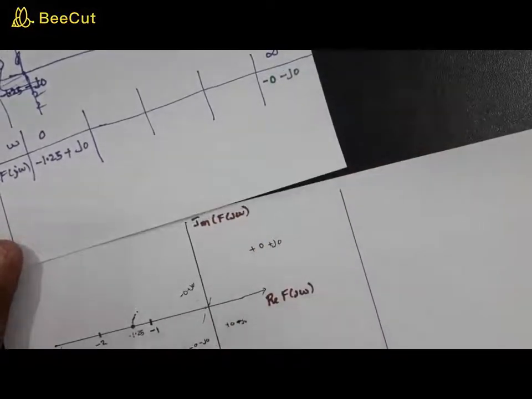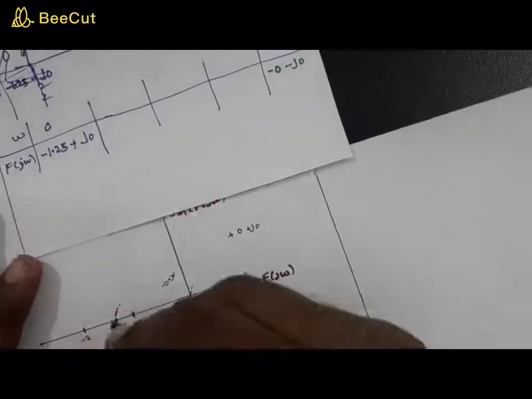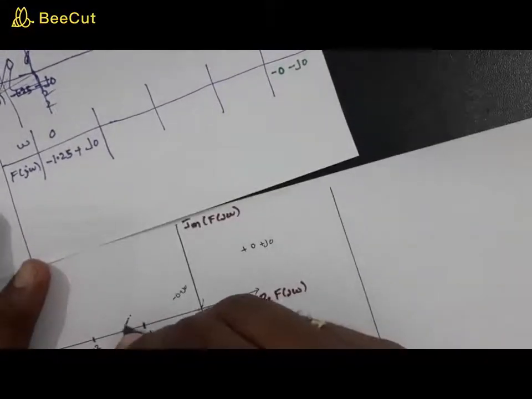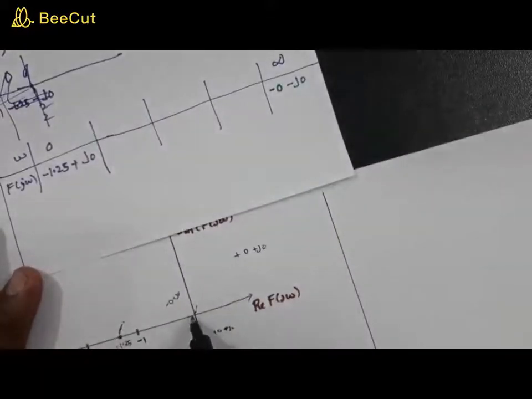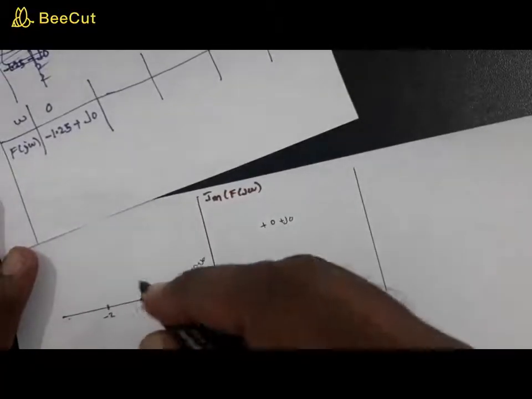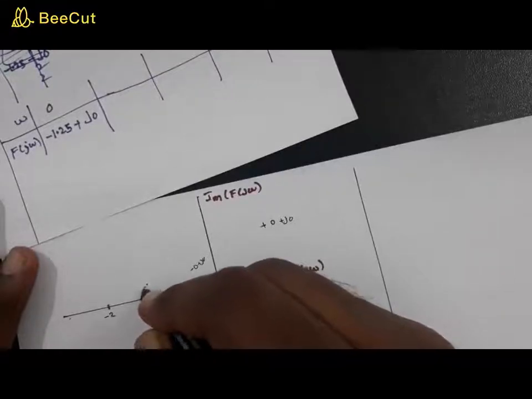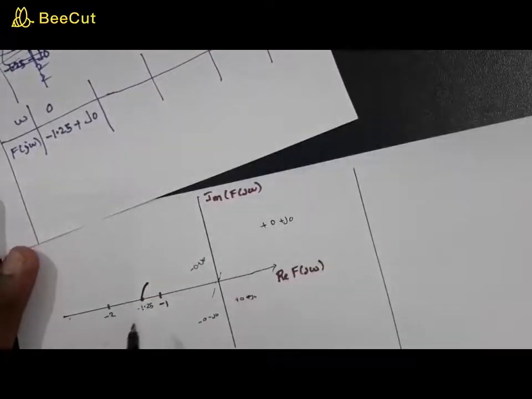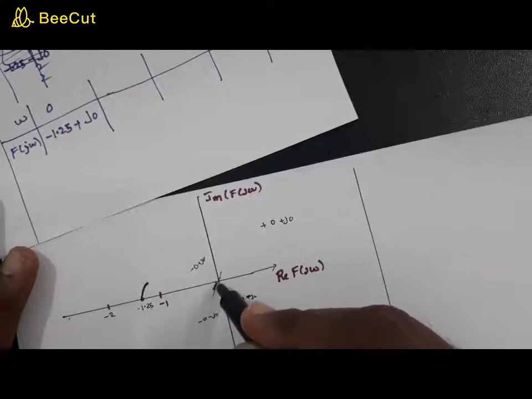So actually this plot, the Nyquist diagram, starts in the second quadrant, and at infinity it comes over this region. So we have an idea that this Nyquist plot starts from here and arrives at this point.